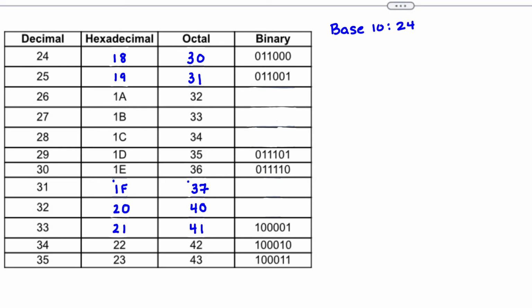Now let's take a look at our binary system. So here we had 0 1 1 0 0 0, and then 0 1 1 0 0 1. So if I add 1 to that, I'm going to bring down a 0. There's going to be 0 in the ones place.